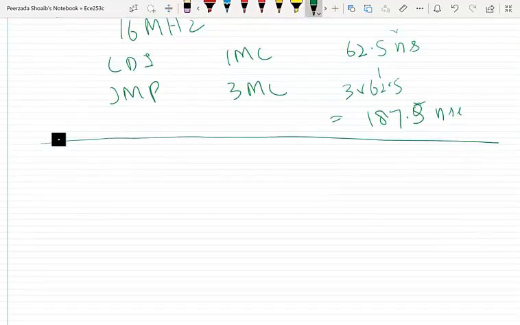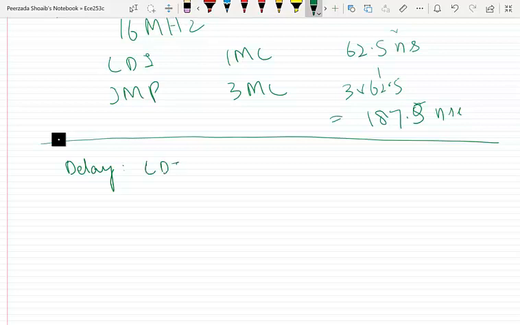For example, our delay subroutine is something like this: delay, LDI R20, 0xFF. I am loading the highest value in R20, that's 255. Then I'm saying NOP a couple of times.